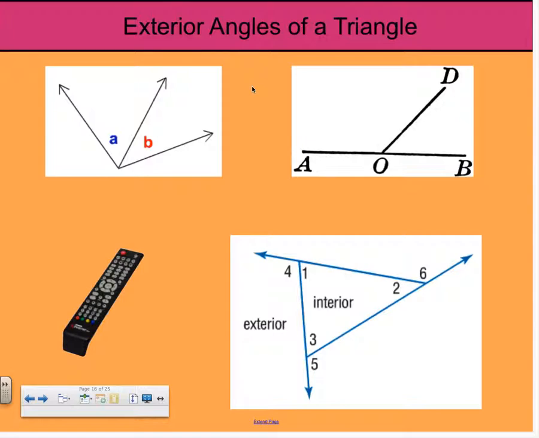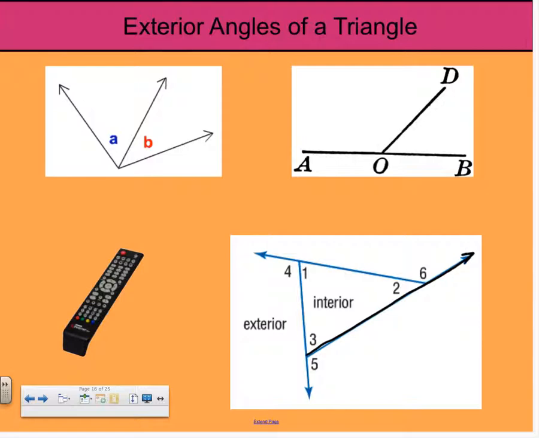And what we need to know, first of all, is what is an exterior angle? Well, if we look at this triangle here in this main picture, you can see how the sides have been extended. So let's just focus on this area here. We take this side and we extend it past.